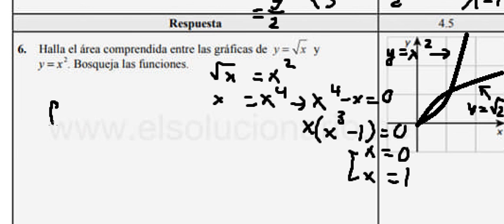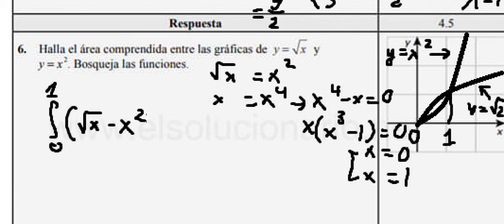So we have the integral from 0 to 1 because we have two intersections in here, 0 and 1. We see that the square root of x is above x squared. So that means the square root of x minus x squared dx. The square root of x, that's the power of 1 over 2.